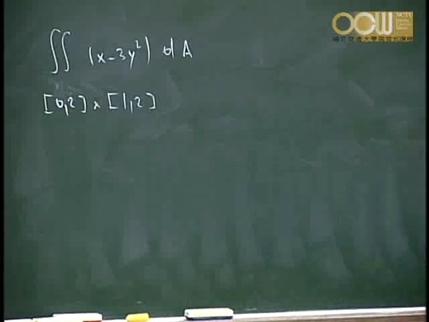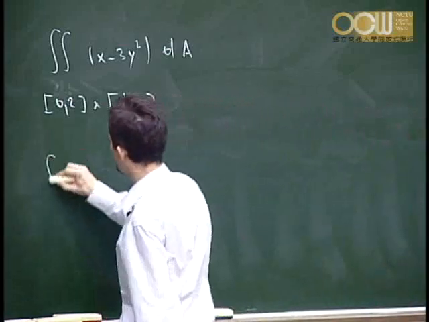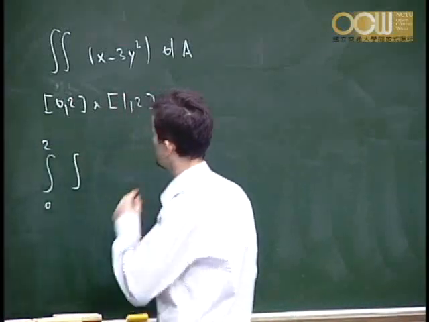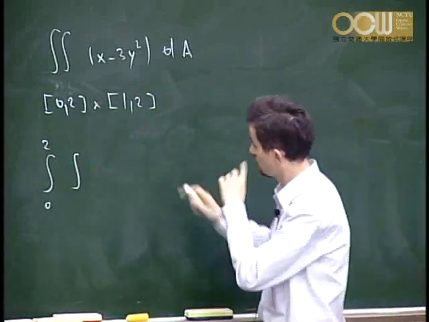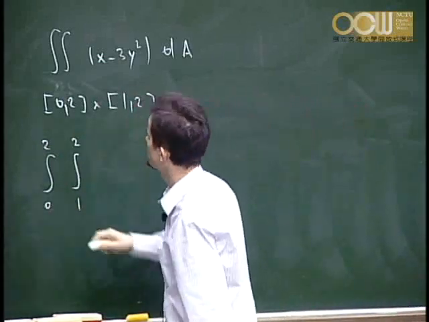So now we can compute this very easily. We can choose whether we want to integrate first over x or over y. So let's go first over y, and then over x.